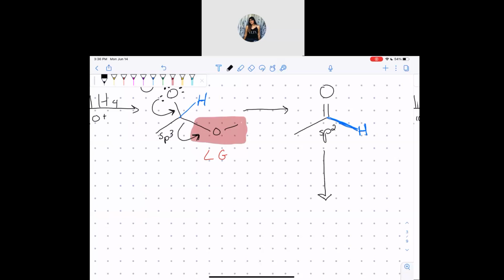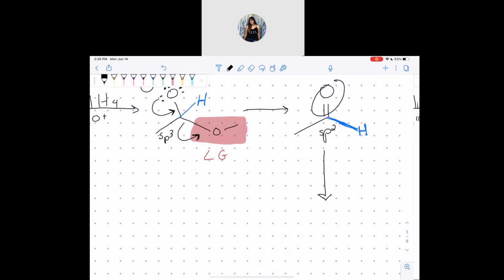We can protonate, but what are we going to protonate? The oxygen? Sure.